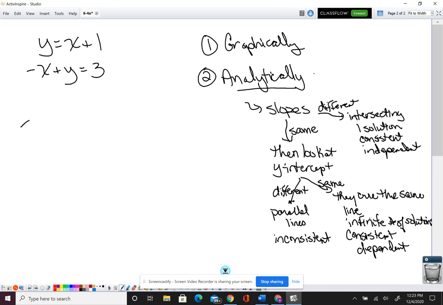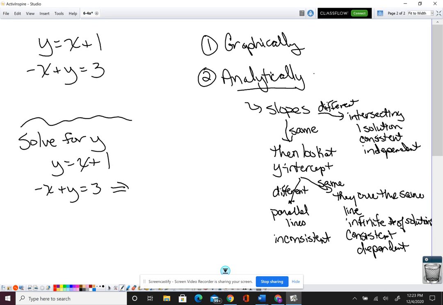So I'm going to go back over here and I'm going to solve each equation for y so that I can look at the slopes and the y-intercepts. So the first equation is already solved for y. So the second equation, I'm going to take and move the x term over. So when I go across that equal sign, the x becomes positive. The 3 stayed on the right-hand side, so it stays positive. So I have these two lines.